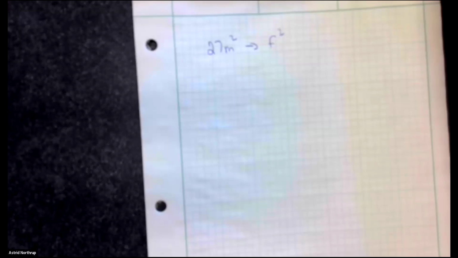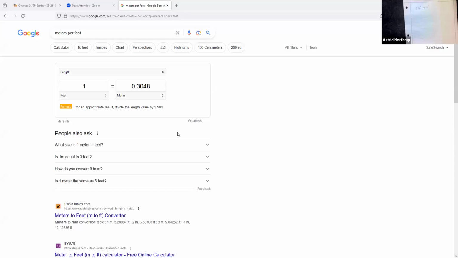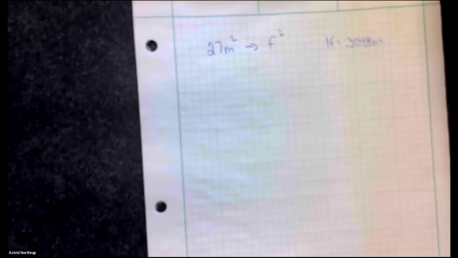You are always welcome to use conversion factors from the internet, especially for base or close to base units. So 1 foot is 0.3048 meters.